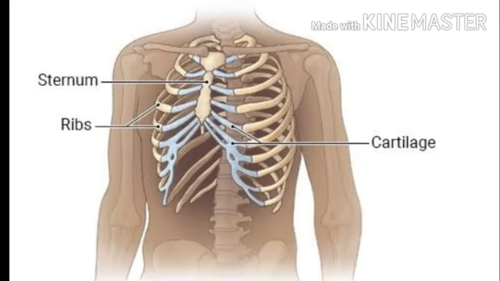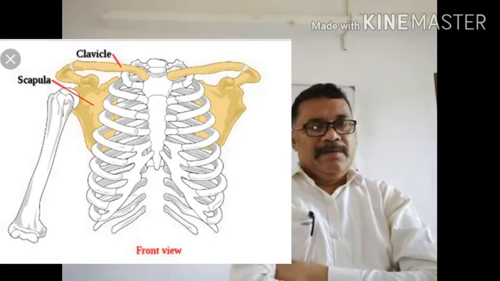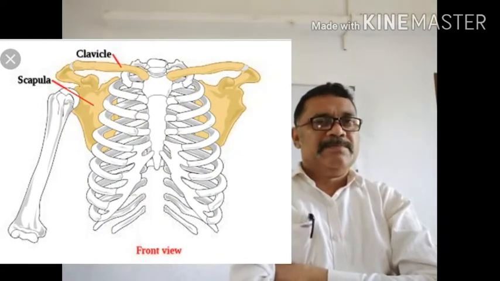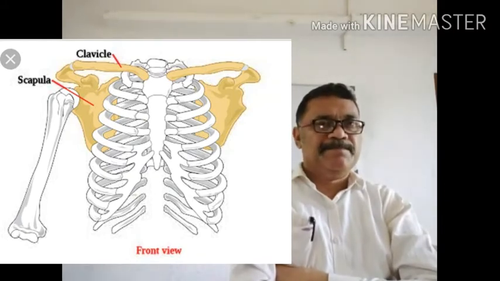Similarly, some bones make girdles. We have two girdles: pectoral girdle, this portion, and pelvic girdle, that is at the lower part of the body near hips. Pectoral girdle contains three bones.